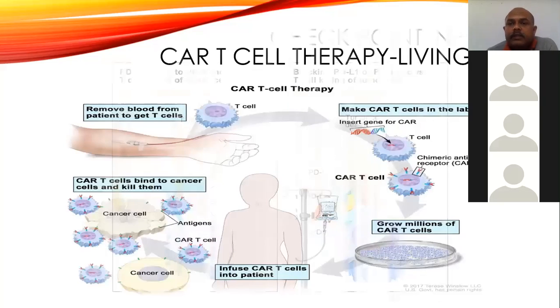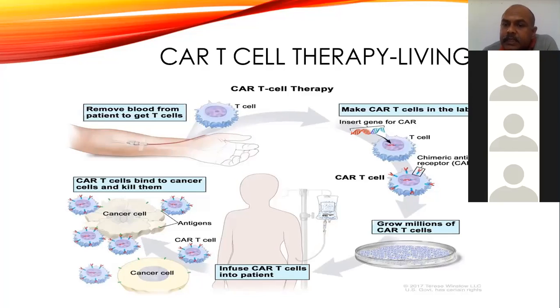A recent advance in the fight against leukemia and lymphoma is CAR T cell therapy. It's called a living drug. What happens is the blood is removed from the patient and the T cells, the immune cells which fight cancer, are taken.